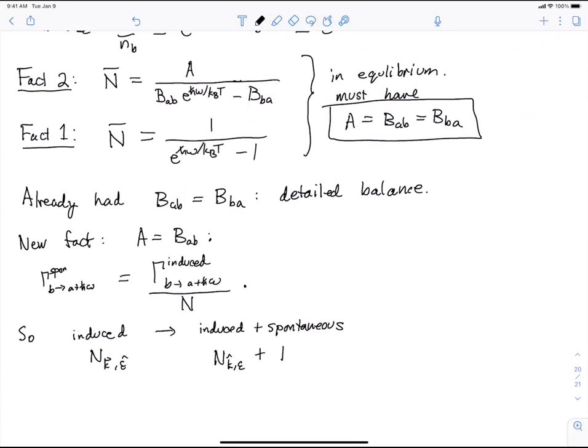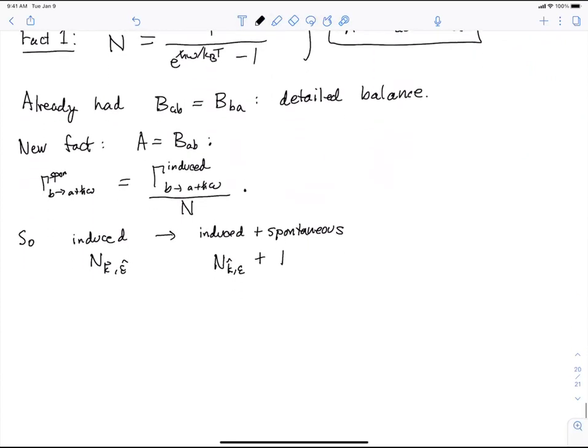So the rate for spontaneous emission, even though we couldn't calculate it directly, we now know what it is. It's the same formula that we had before, except now we're going to leave off the factor of n, and that will be the right answer.